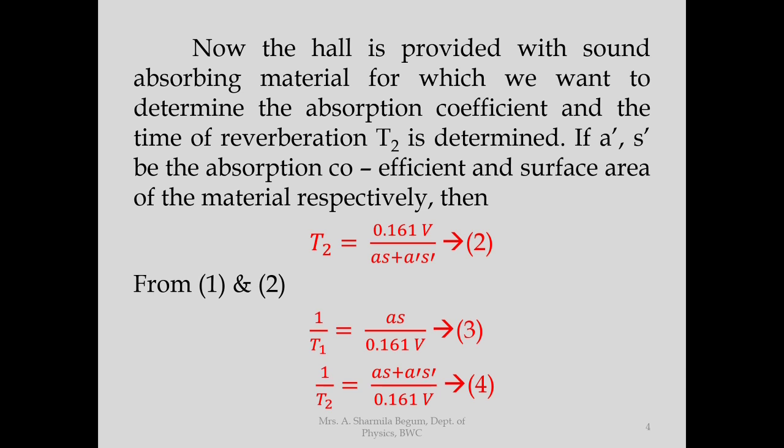So, from 1 and 2 we can write 1 by T1 is equal to AS divided by 0.161 V, and 1 by T2 is equal to AS plus A prime S prime divided by 0.161 V. So, let us subtract 3 from 4.